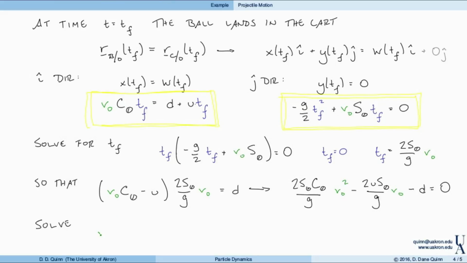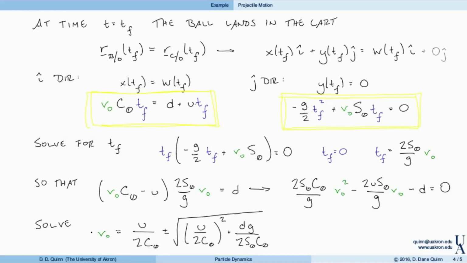so that v naught is equal to u over 2 cosine of theta plus or minus the square root of u over 2 cosine of theta squared plus d times g divided by 2 sine theta times cosine of theta. So again, if you take the quadratic equation and you solve this, you can reduce it down to this form.